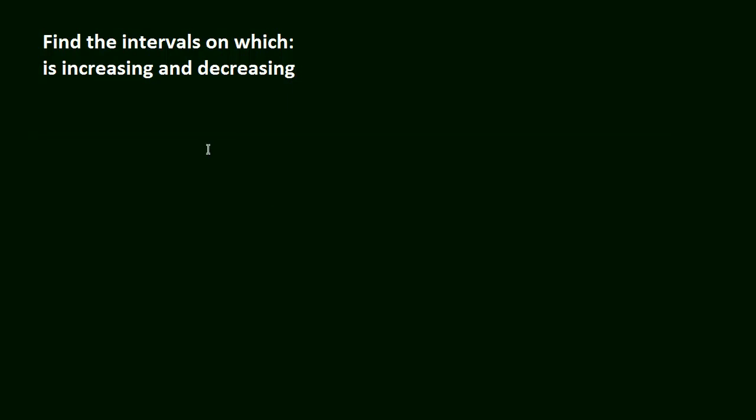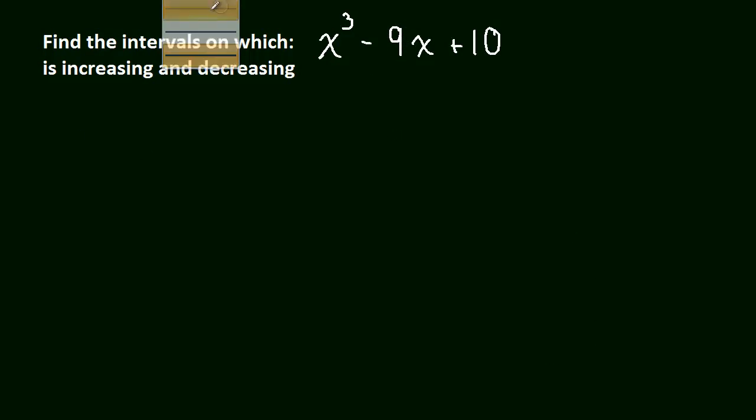Okay, so let's give our function, let's say it's x cubed minus 3x plus 10. Okay, maybe I should make this, I'm going to make this 4x. Or why don't I make it 9x? Okay. Alright, so what are we going to do?